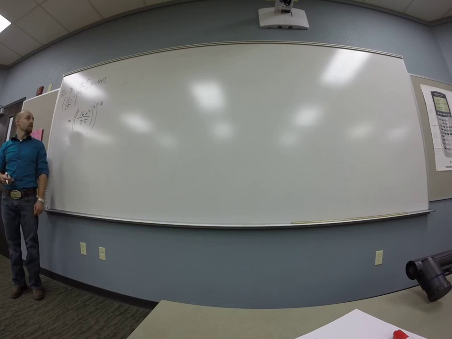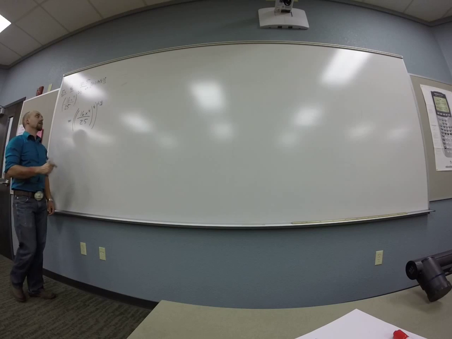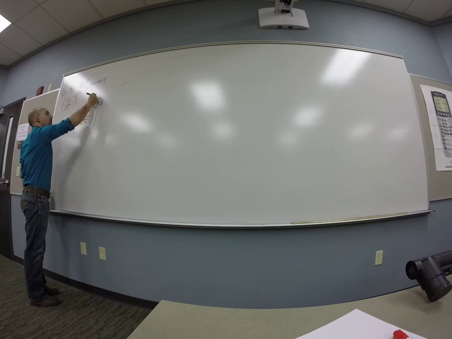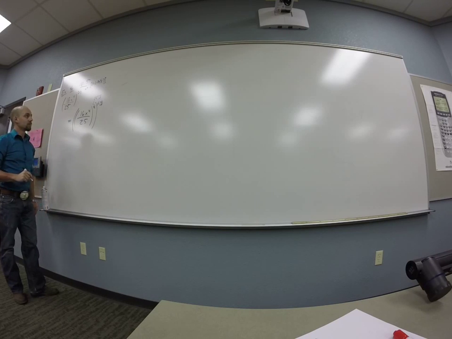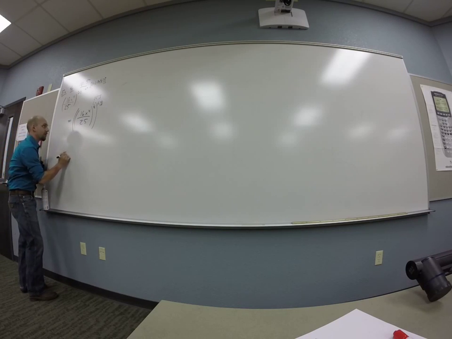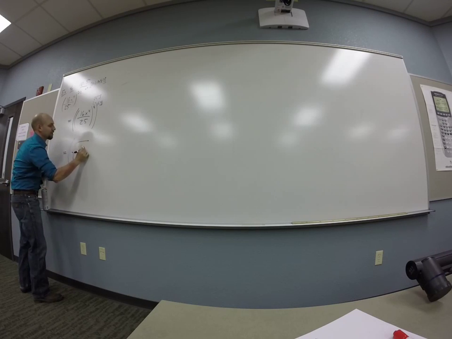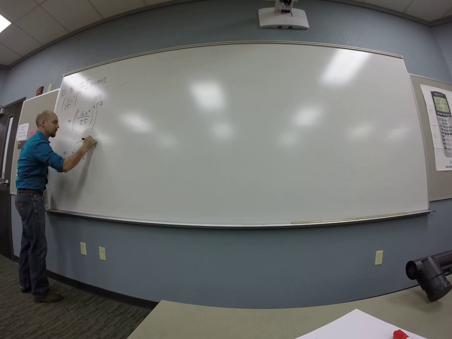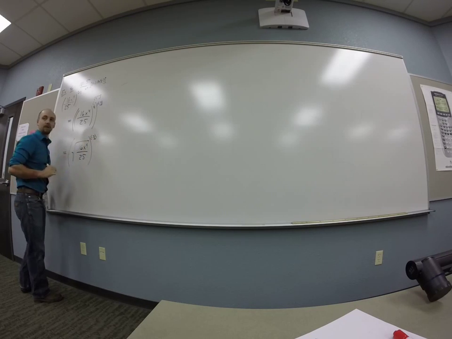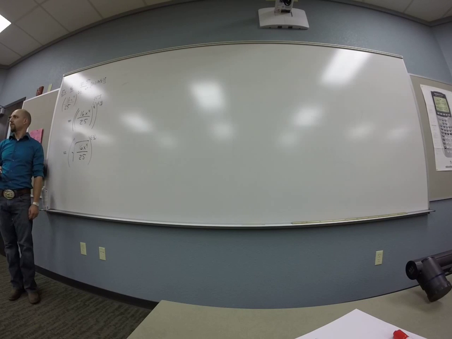Okay, and then I'm going to look at that 1/2 power there, and I'm going to think square root. So I'm going to rewrite this as the square root of 16x to the 4th over 25, to the -3 power.